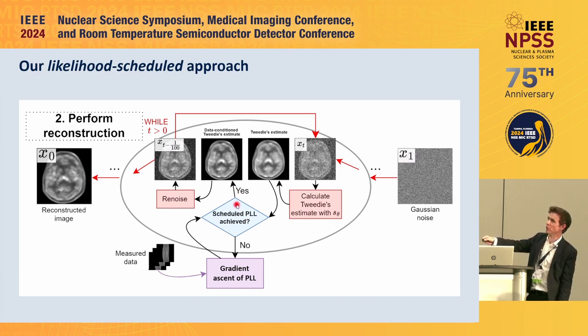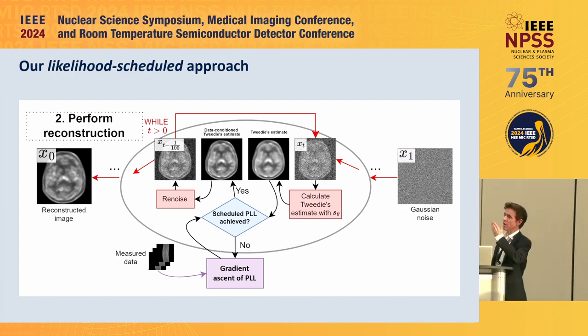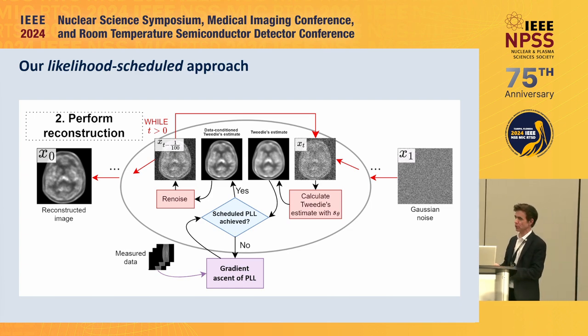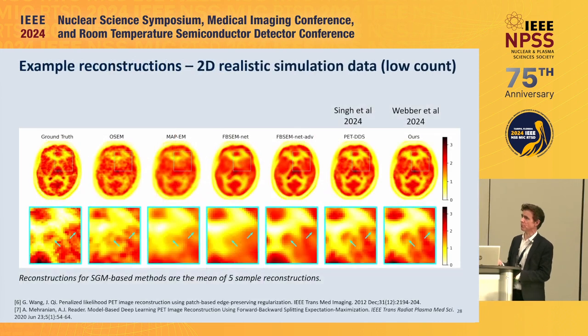Once we've reached that level, we then have, if you like, a data conditioned denoised image. And then of course we need to get back into that generative pipeline. So we renoise it to get to this corresponding time step, and then we can go around again. We can denoise, improve consistency with the data, and then renoise to enter back in. And so we're just toing and froing between the Poisson log likelihood and the generative model.